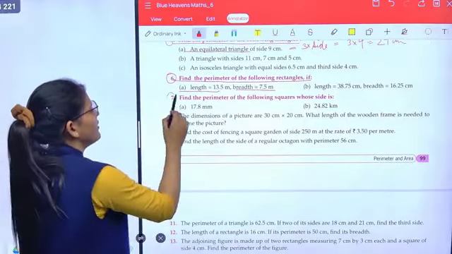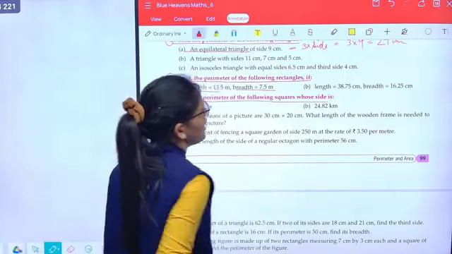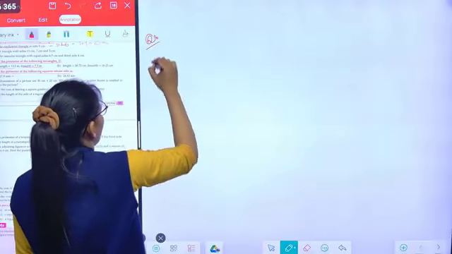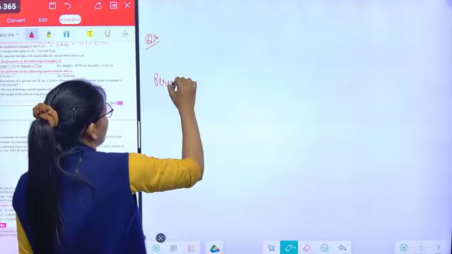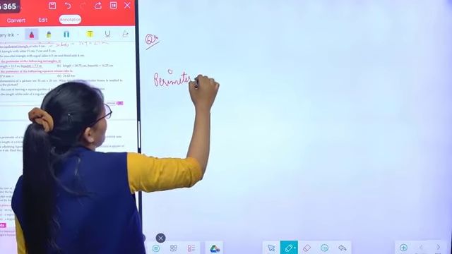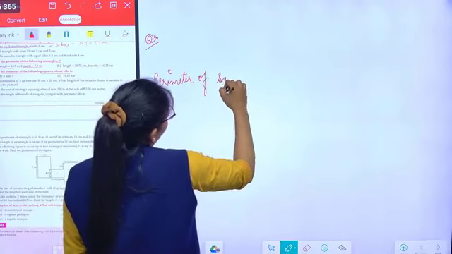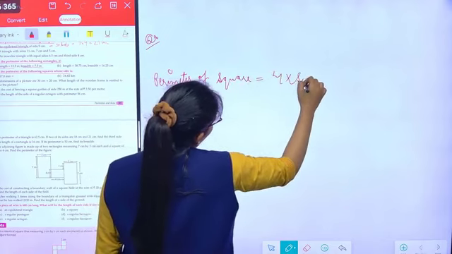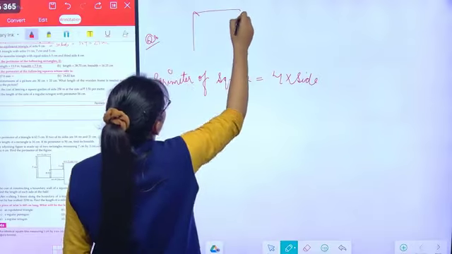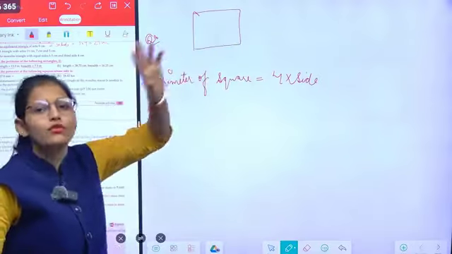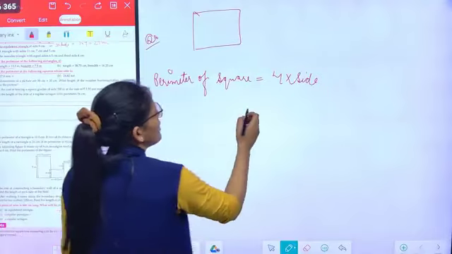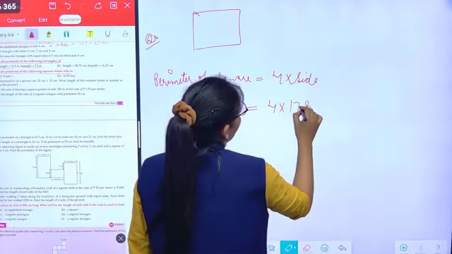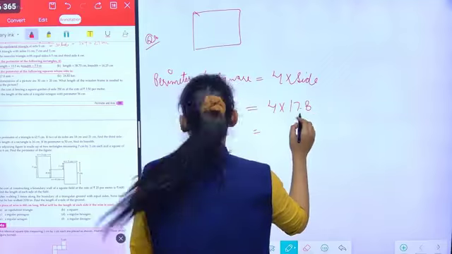Come on, question number 7. Find the perimeter of the following squares whose side is given. Perimeter of square, here class, perimeter of square is being discussed. So class, you can see here that is 4 multiplied by side, because all 4 sides of a square are equal. Now side is given as 17.8 meters.